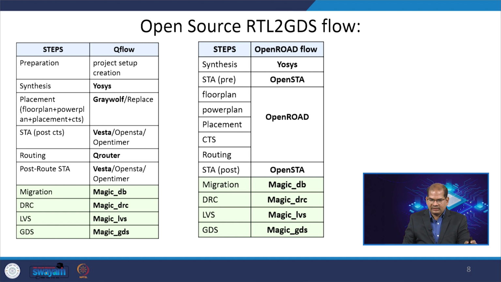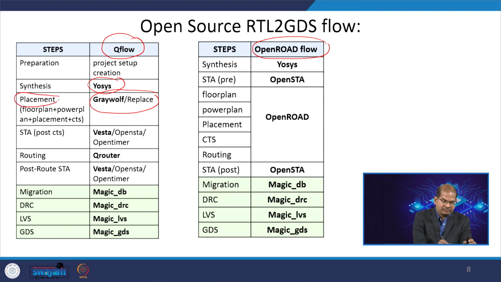Then there are some differences between Qflow and OpenROAD flow. For Qflow, we have the Yosys engine for logic synthesis. Then we have Graywolf, the tool used for placement.